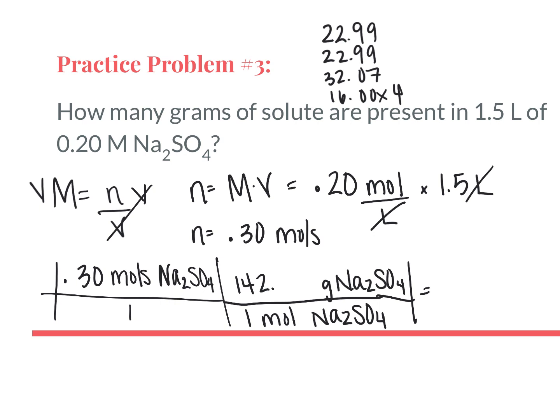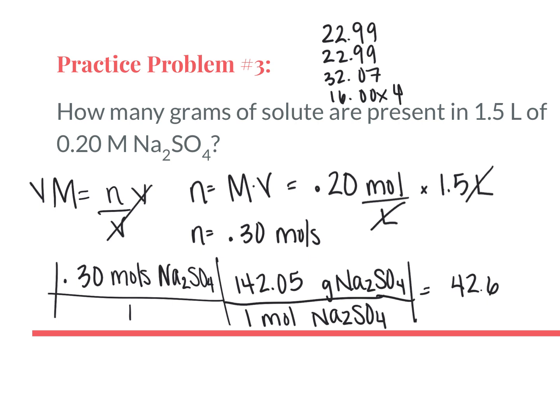I only did the decimals in sodium. I got 142.05. Okay, now take that number and multiply it by 0.3. What do you get? 42.615.